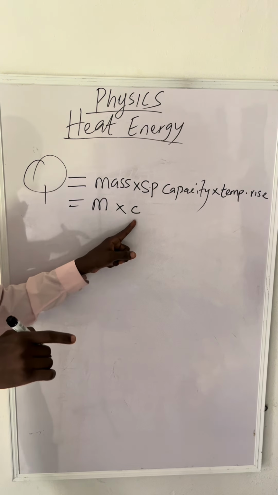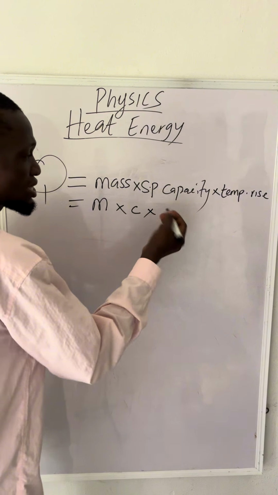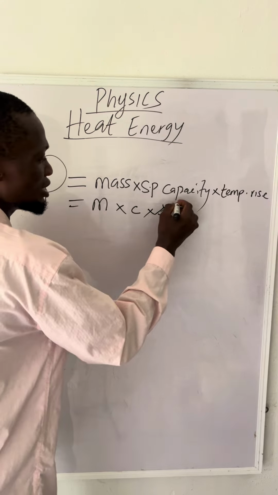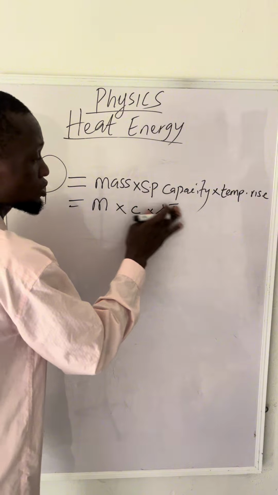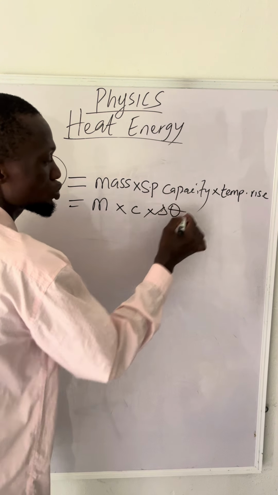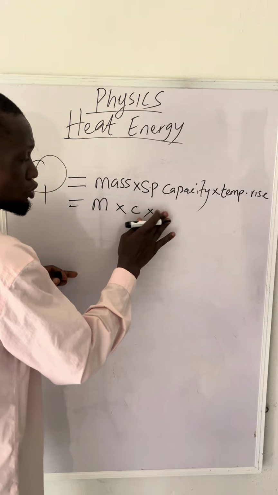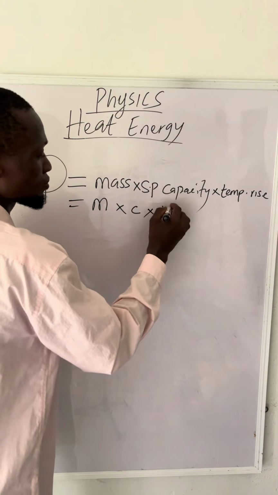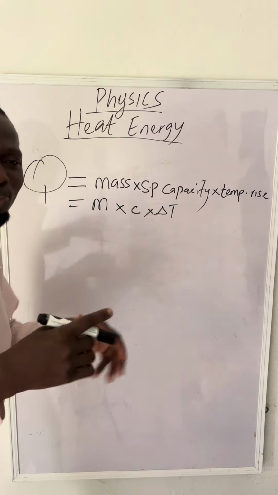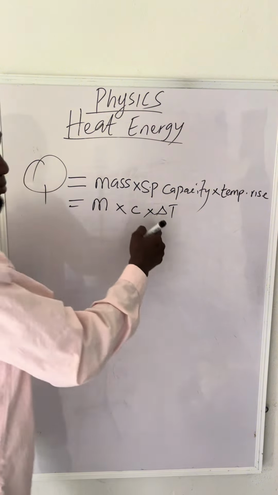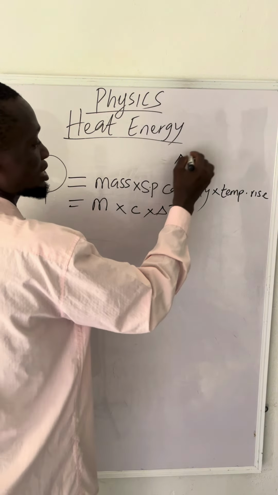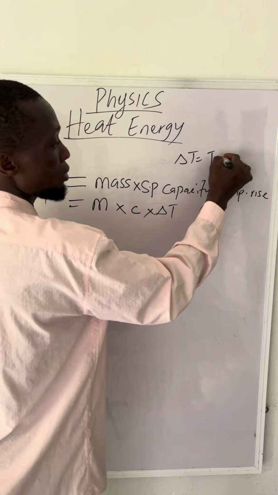I can say mass times specific heat capacity, because the symbol for specific heat capacity is the small letter c, times the temperature rise, which I can write as dT. In some textbooks you see d theta, so use anyone you want. But here I'm going to be using delta T. That delta means change. Delta T is equal to T2 minus T1.